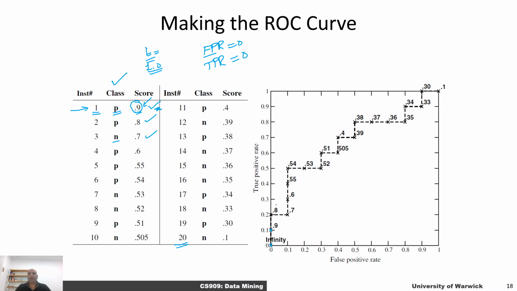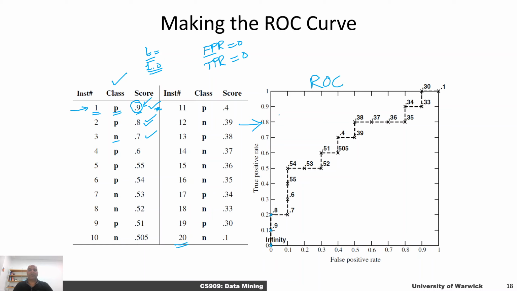Then we decrease the threshold value to 0.8, and we can calculate how many true positives and false positives there are, and we keep on doing it until we've gone through all of the example scores, and this gives rise to this ROC curve, this receiver operating characteristic curve, right?